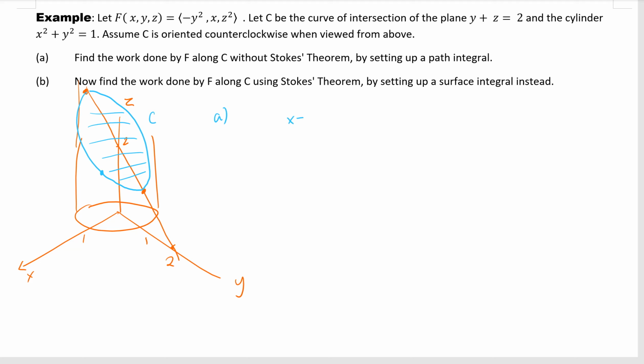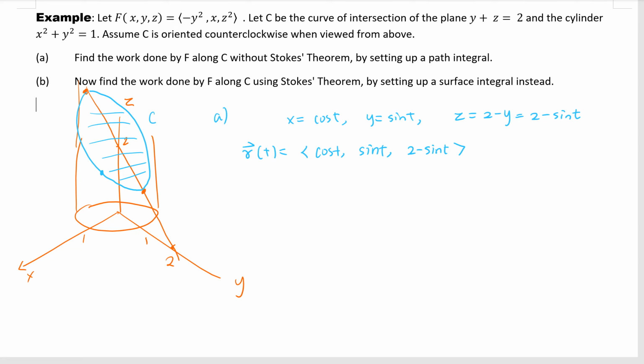So we can have x be cosine t, y is sine t, and then because this point is also on the plane y plus z equals 2, z equals 2 minus y, which is 2 minus sine t, right? So the parameterization is cosine t, sine t, 2 minus sine t.